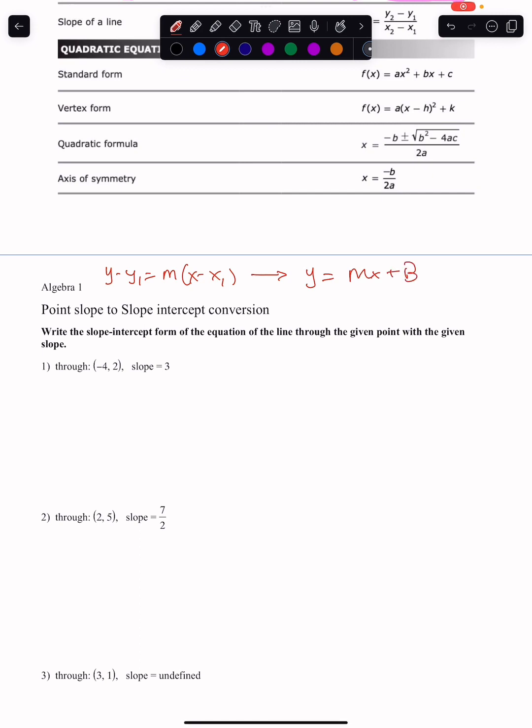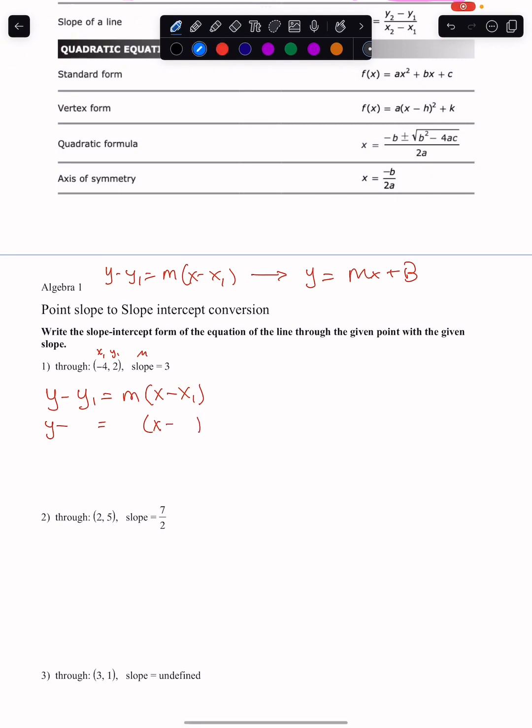So again, y minus y1 equals m parentheses x minus x1. Well, I got to fill in some blanks because this is x1, y1, and this is my m. So I'm going to rewrite this as y minus something equals something, parentheses, x minus something.